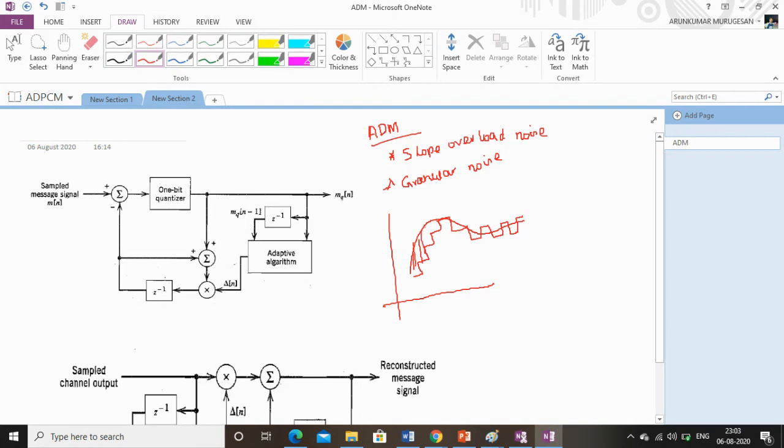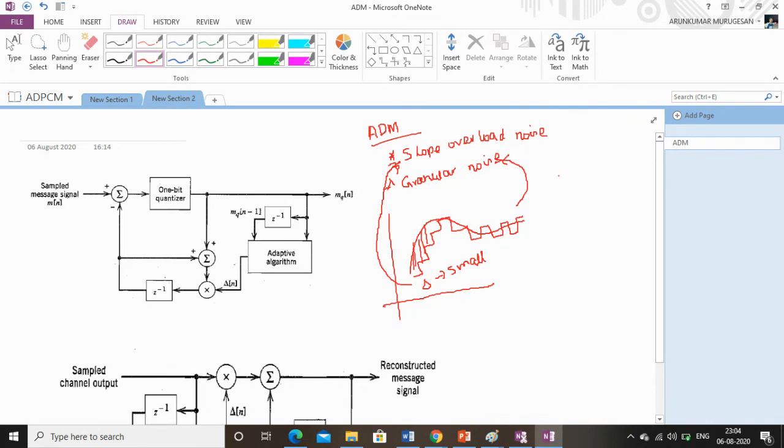This error is called slope overload noise. If the step size is large, at that time granular noise occurs.